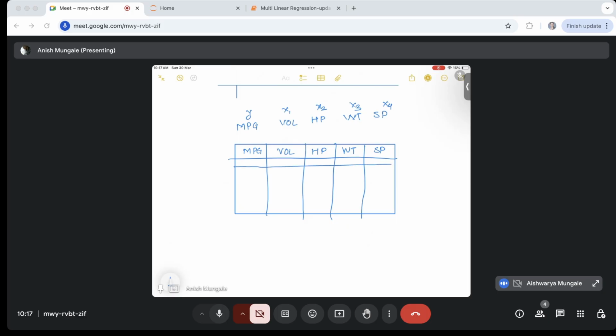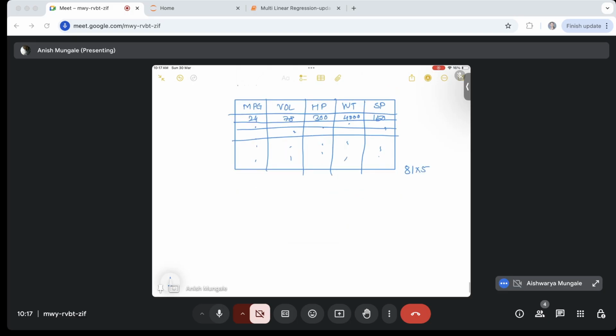We have rows like this. It has certain data, let's say 24, volume something like 78, HP anything like 300, weight 4000. I'm just putting random values, but it has data like this, just like we have in an Excel sheet. It has 81 rows, 5 columns.